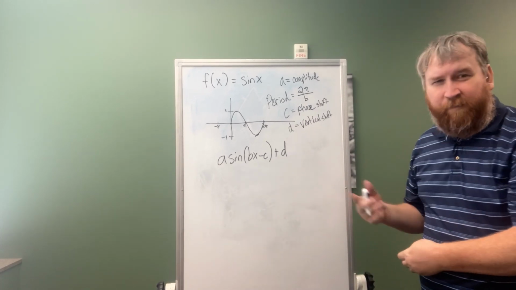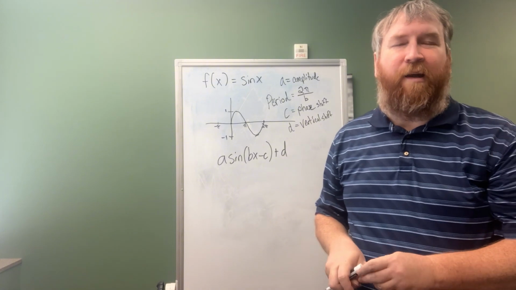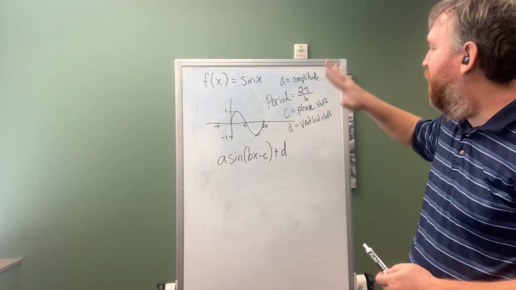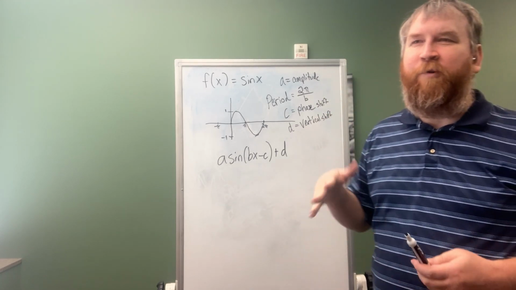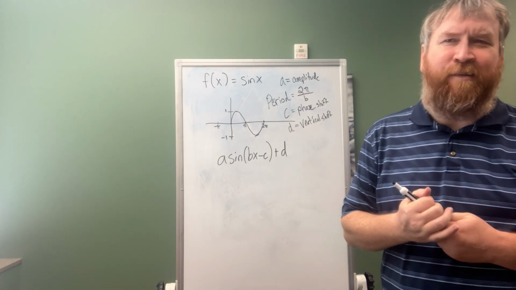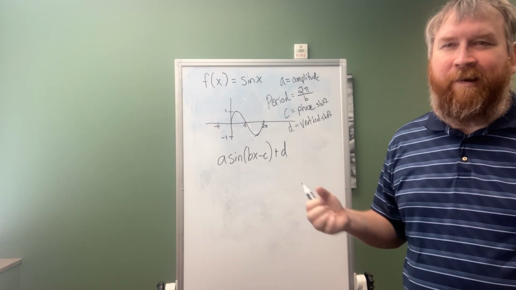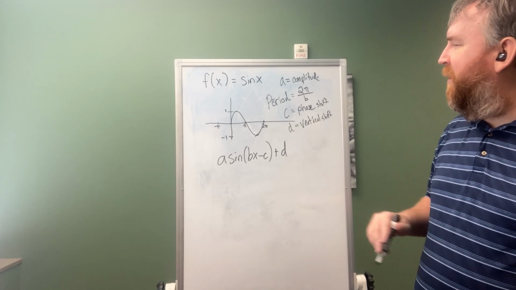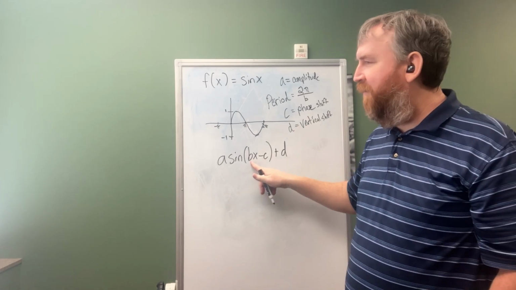But for this specific problem, it's only asking us the period. So we don't have to worry about amplitude, phase shift, vertical shift. We don't have to worry about any of that for this problem. It's only asking us for what the new period of this graph is after the transformation. So all we need to do is look at the coefficient inside of the sine.